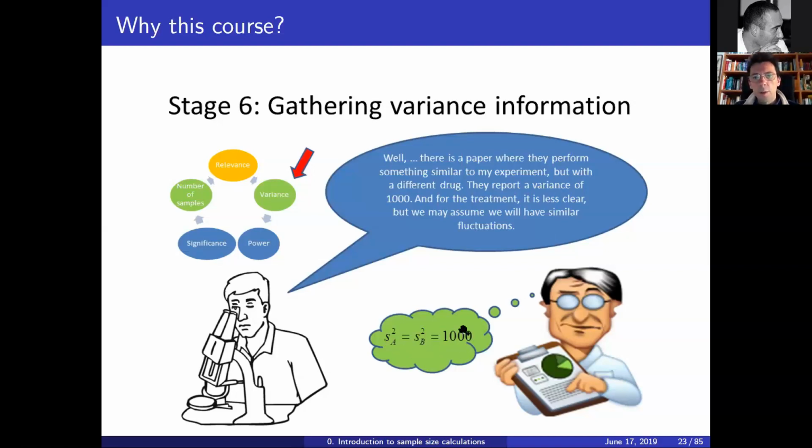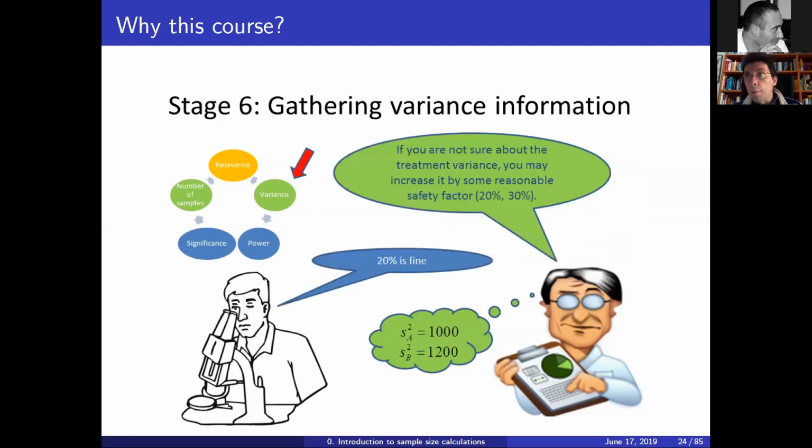Okay, so now you know the variance of the two groups, and you can set them to the same value. Or if you are not sure about the treatment variance, you may increase it by some reasonable safety factor, so let's say 20–30%. And normally, for instance, if you are reducing the area of a lesion, so your measurements go down, typically the variability also goes down.